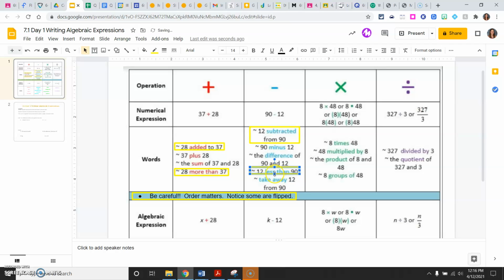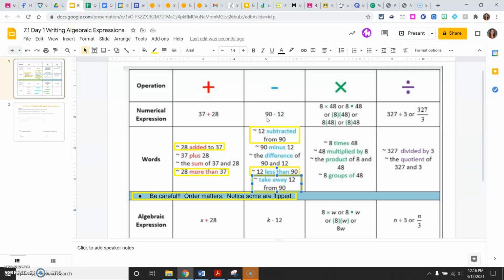And if you think it through, 12 is less than 90. 90 is bigger, 90 has to come first. It came first in the problem. Take away 12 from 90. Take away is also a flip-flop word. If I'm taking 12 away from 90, 90 came first.